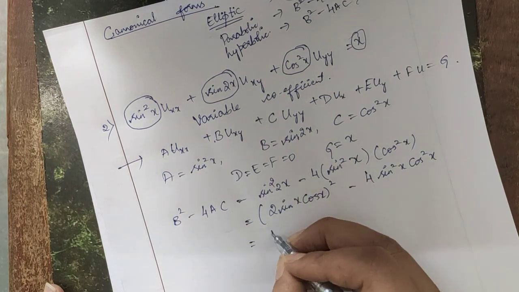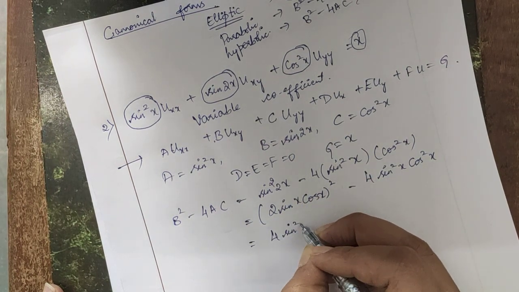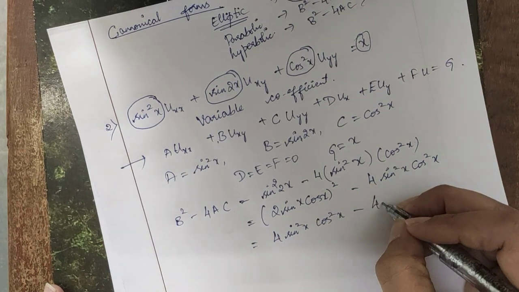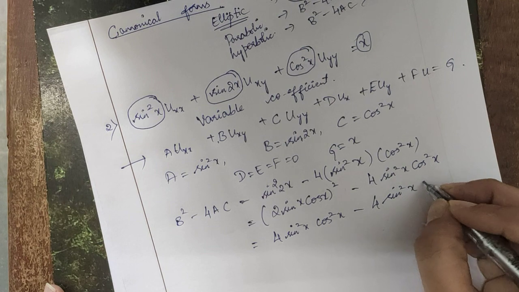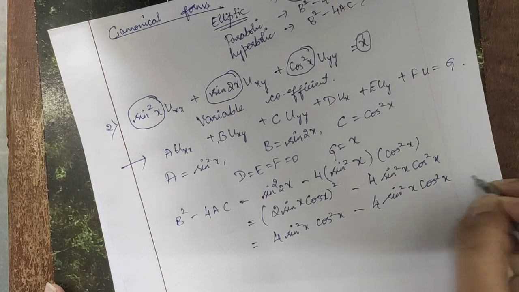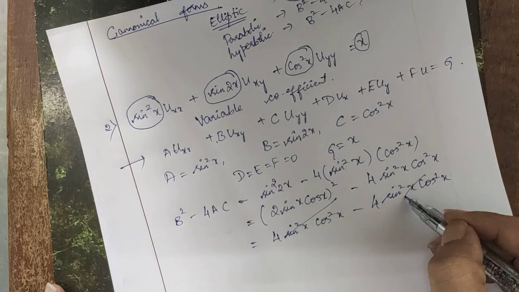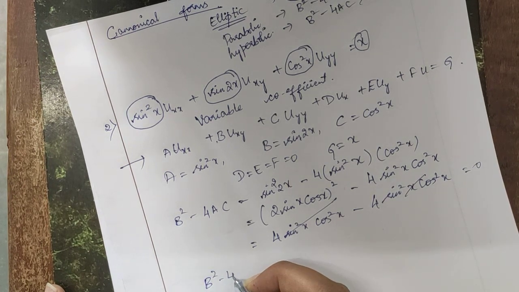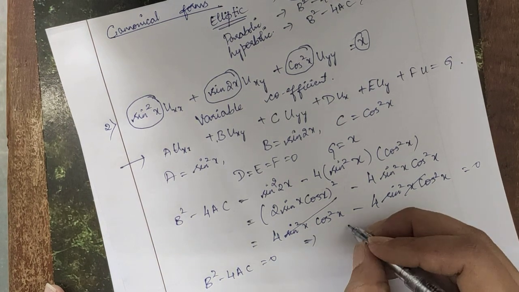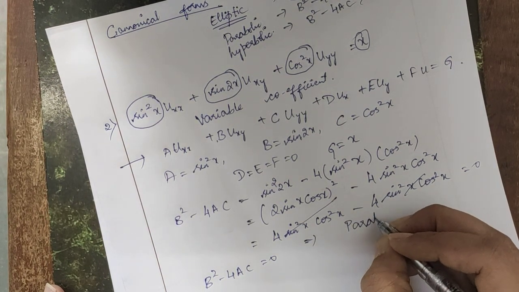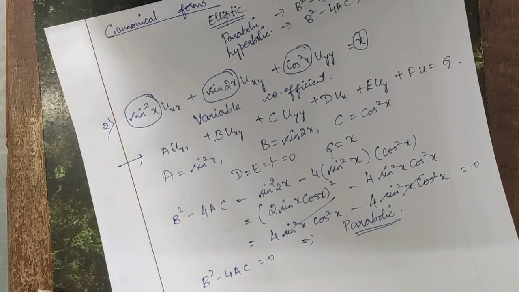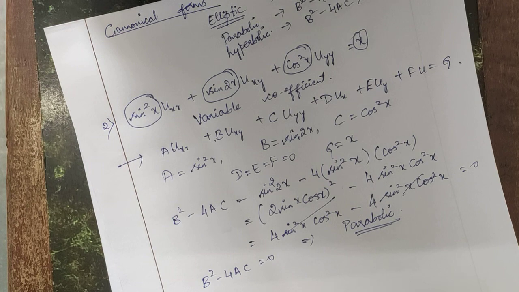This is nothing but 4 sine square x cos square x. Since the terms are the same but have different signs, these two get cancelled and you get 0. That means b square minus 4ac is equal to 0. Therefore the nature of the PDE is parabolic, right?